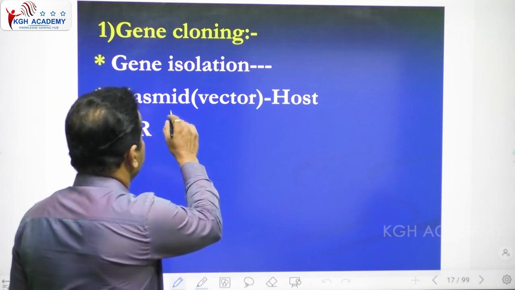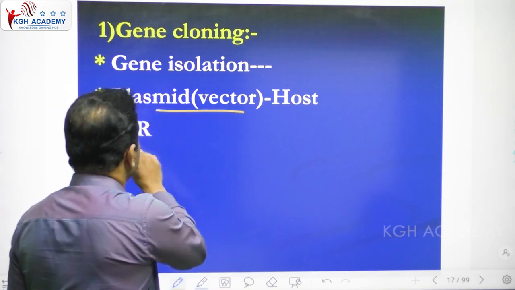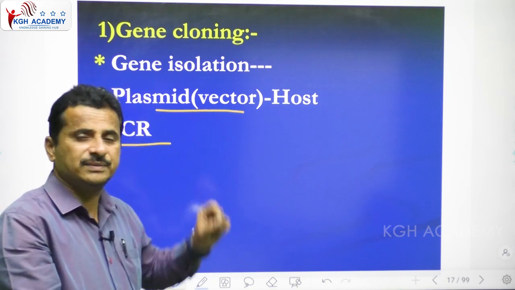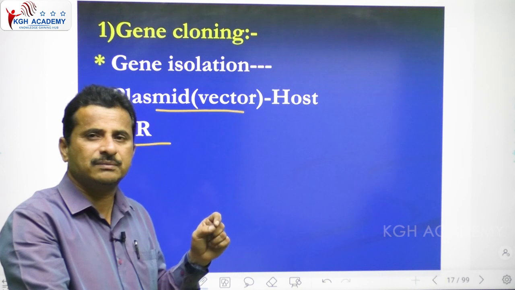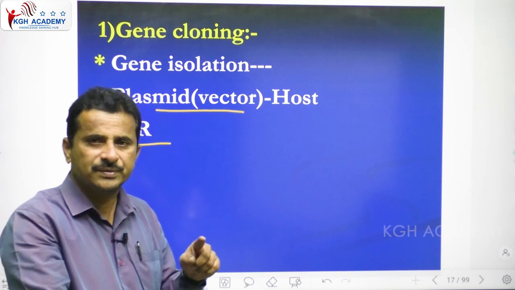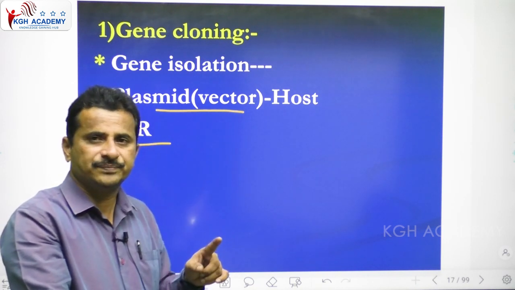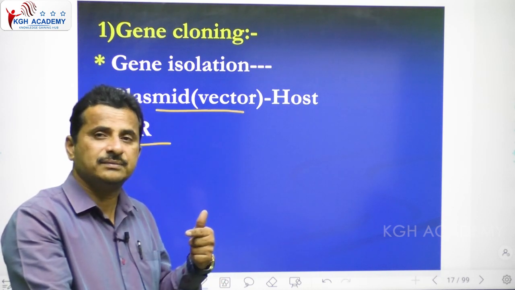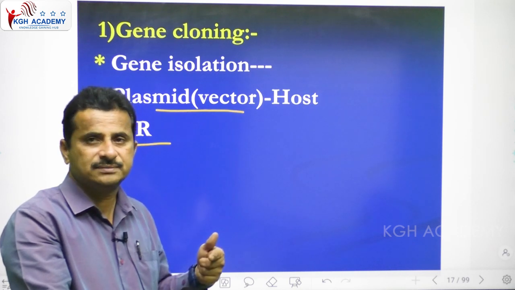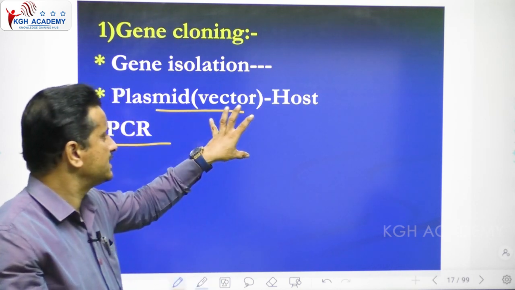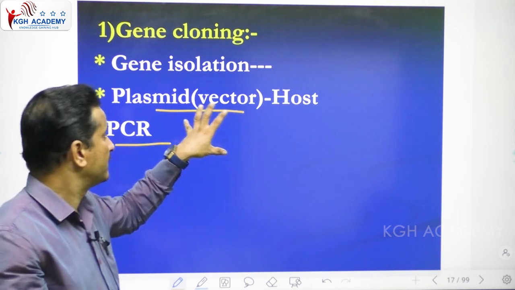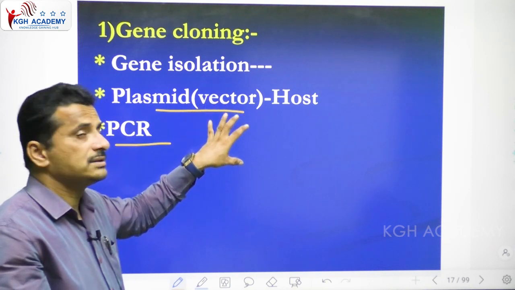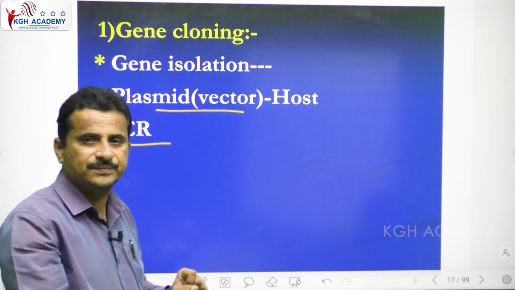One is by using vectors, the second one is the PCR method. In the vector method, by inserting a vector into the host, we can generate lakhs of copies of our same gene. Here I am giving a detailed analysis about this, how we can produce gene copies by vector methods.